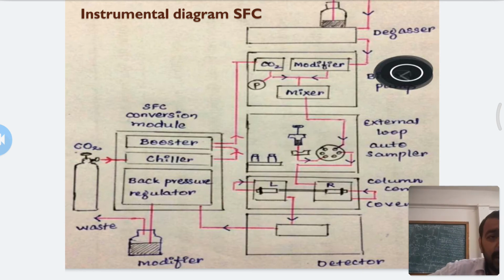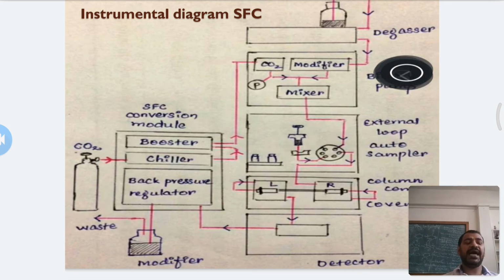The external loop holds the sampler, where we introduce our analyte sample, and then it is transferred towards the column, where our sample diffuses or resolves.